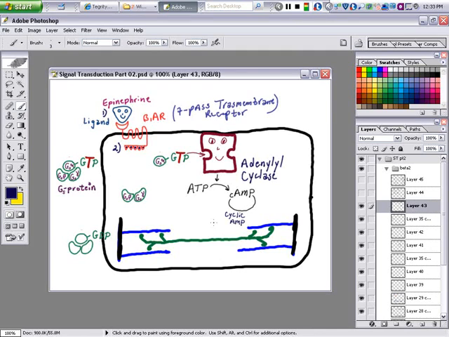Say that again. Cyclic AMP. Doesn't that make sense? If you add epinephrine to a heart cell, you're going to get an elevation in the level of cyclic AMP. What chemical is going to decrease in the cell? ATP. Make sense? Yes. Question.